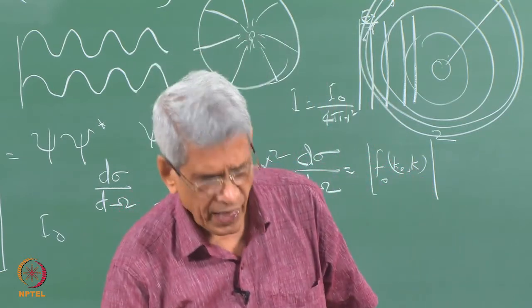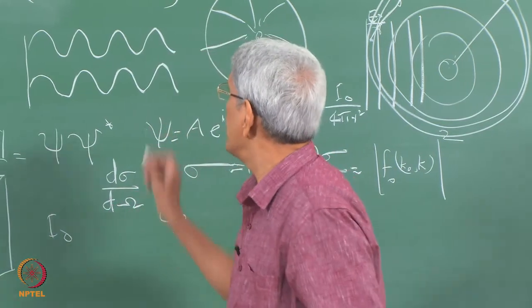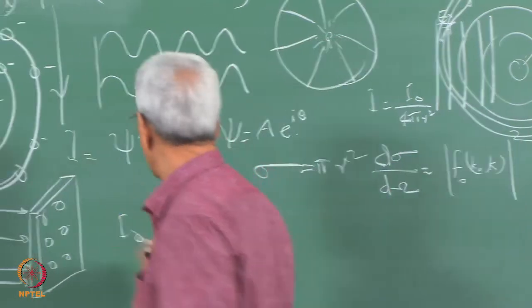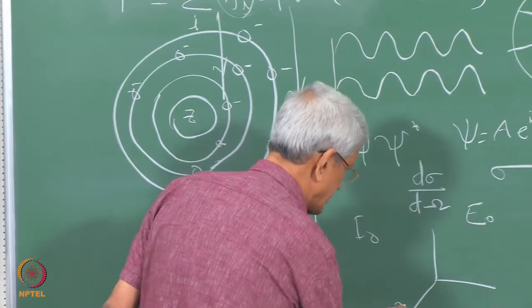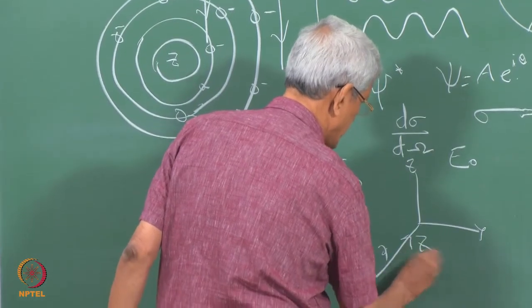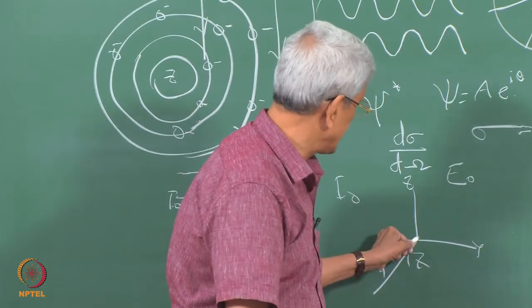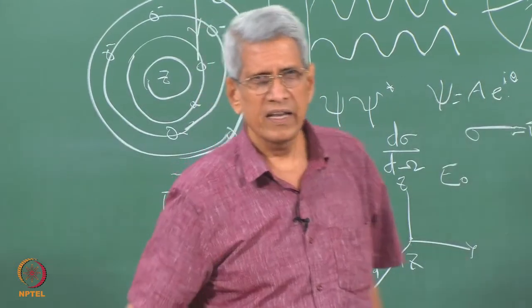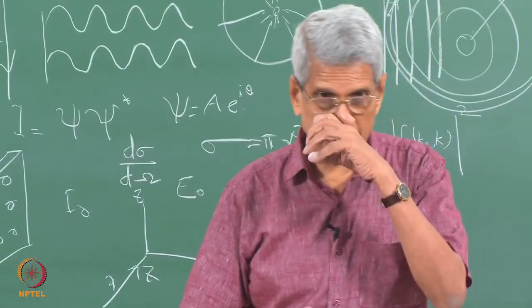Let us consider the case of an X-ray beam, which is traveling in this direction, along X. At the origin, it meets an electron, and you know X-ray is an electromagnetic radiation.